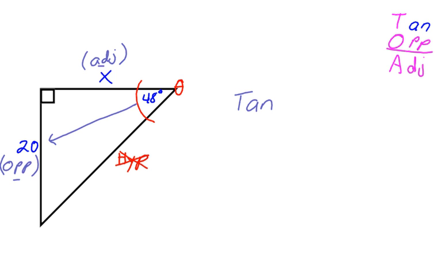Immediately following tangent is my angle measure, and that equals my opposite side over my adjacent side.